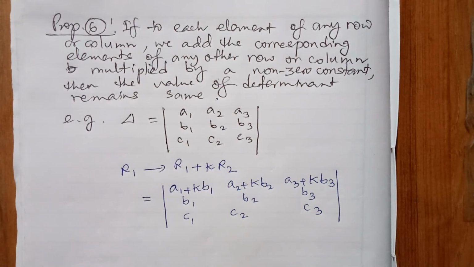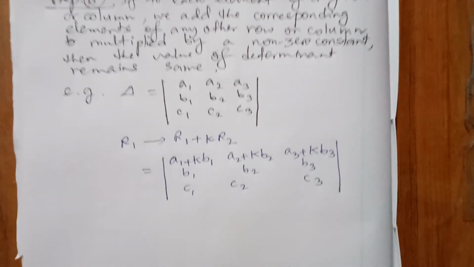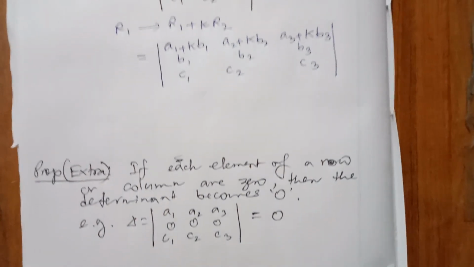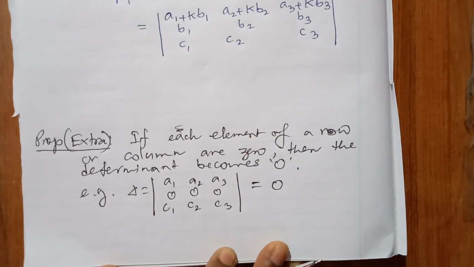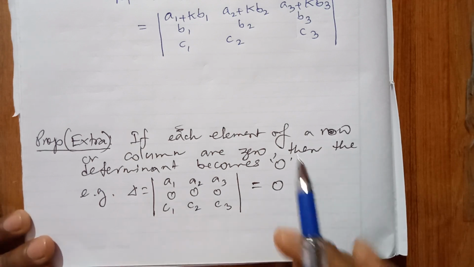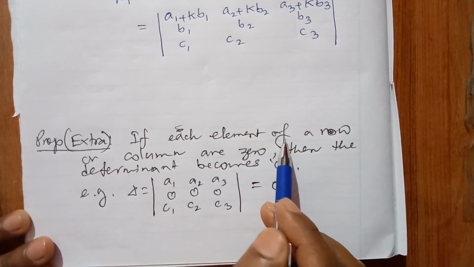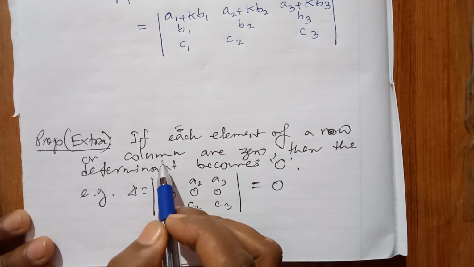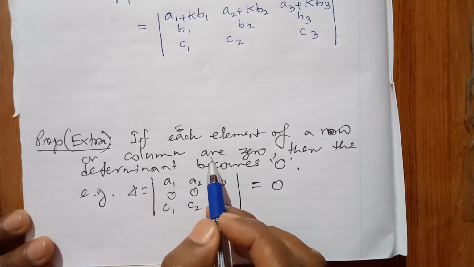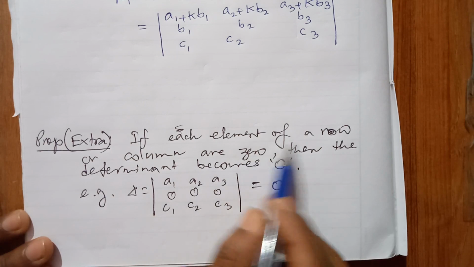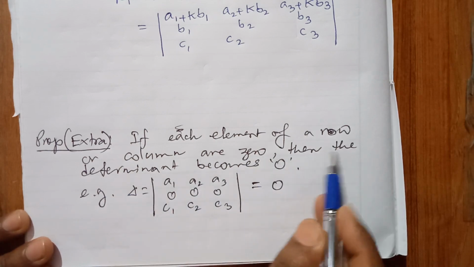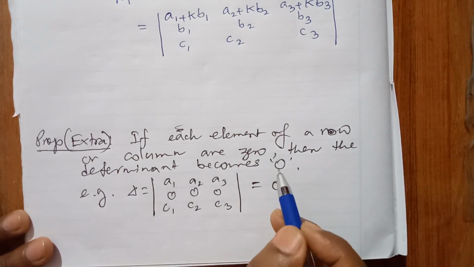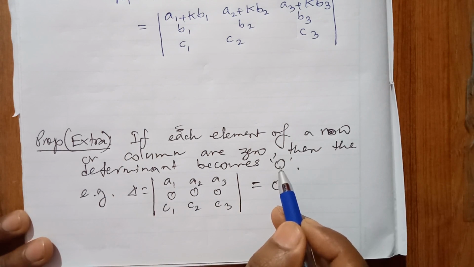So as per the textbook we have finished the properties. Now one more important extra property I am giving you. The extra property is that if each element of a row or column is 0, then the determinant becomes 0.